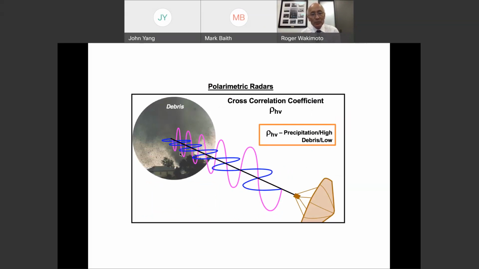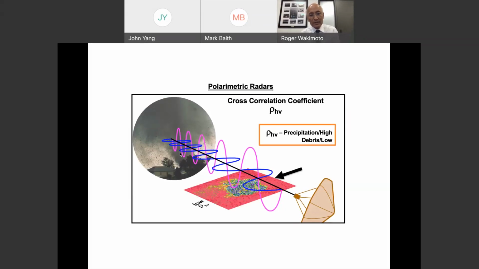Well, if it's precipitation, precipitation particles tend to be very well ordered. And so when you do this correlation, you get a very high correlation coefficient of near 100%, or sometimes I say 1. Debris, again, because of all kinds of different shapes and sizes and it's tumbling, you get very low cross-correlation coefficient. So rather than describe it to you, let me just show you an example.